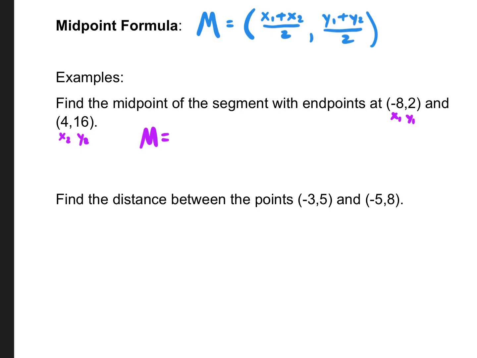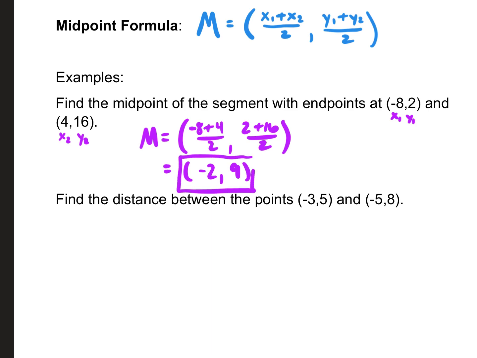But the midpoint formula here is just x1 -8 plus x2 over 2, comma, y1 plus y2 over 2. And so the midpoint here would be at -8 plus 4 would be -4 divided by 2 would be -2, comma, and 2 plus 16 would be 18 divided by 2 would be 9. So the actual location of that midpoint between those 2 points they gave us would be -2, 9 on the coordinate plane.